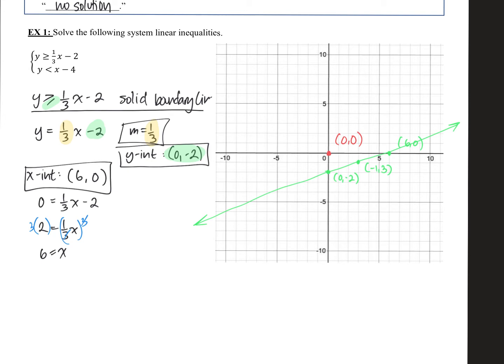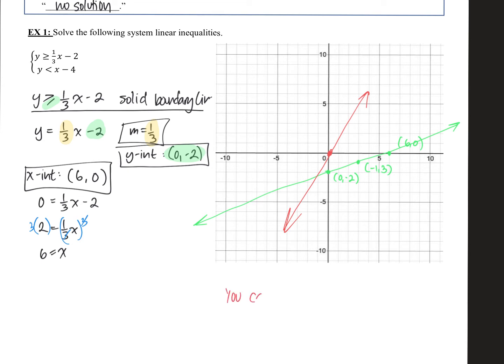However, you might get a line that crosses through it directly, and if you happen to have a line that crosses through your (0, 0) point directly, you are not allowed to use a point on your boundary line to test. Let me write that down.